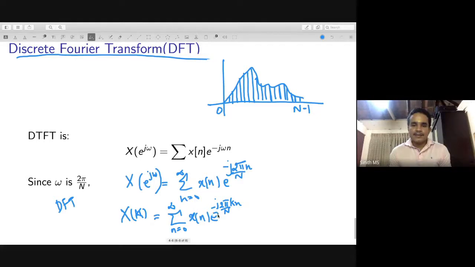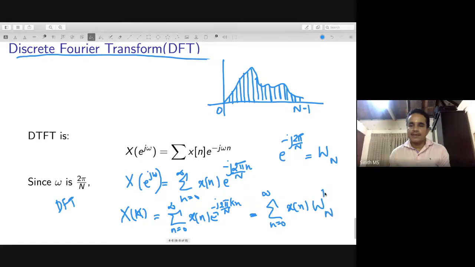This is the discrete Fourier transform representation. Normally, we will represent e^{-j2π/N} as W_N. This is the representation used for e^{-j2π/N}. So this can also be represented as sigma n equal to 0 to infinity x[n] W_N^{kn}, small k, small n. So this is the representation of the discrete Fourier transform.